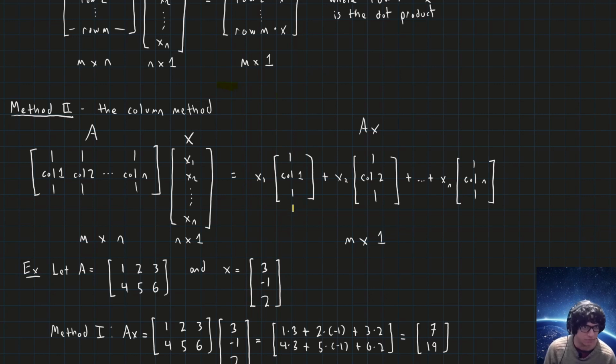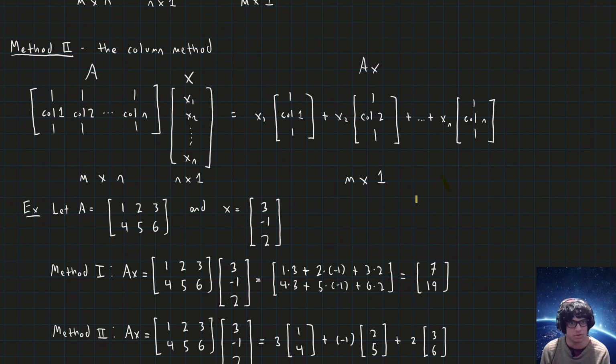We take the first column and scale it by the weight x1. Take the second column of A and scale it by x2. And so on, up to the nth column of A scaled by xn. So this is another method of doing it.